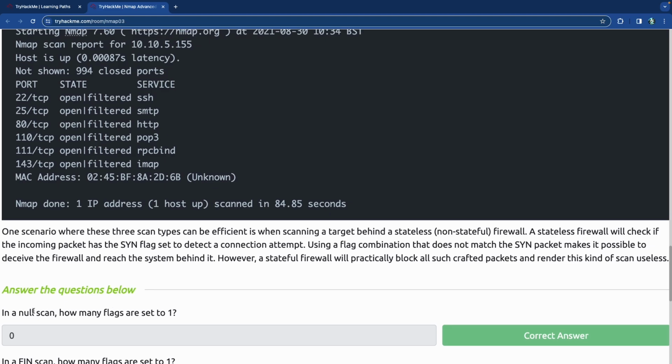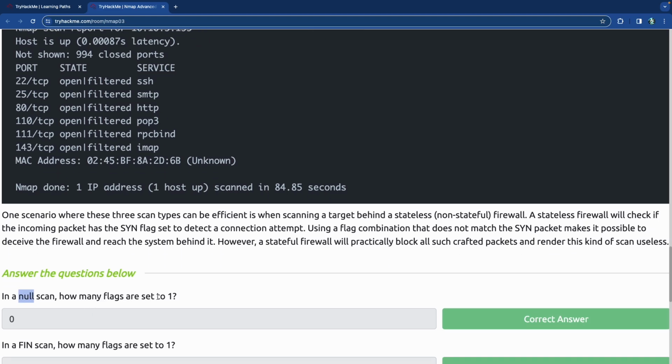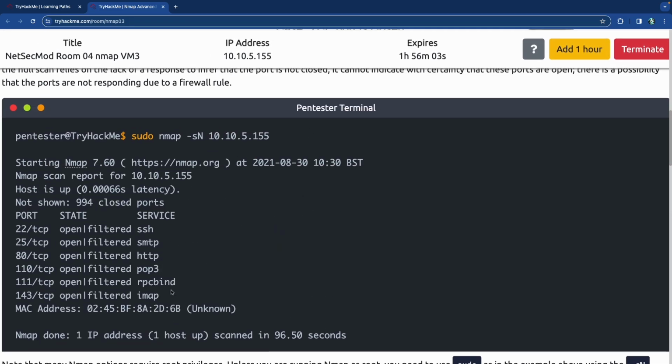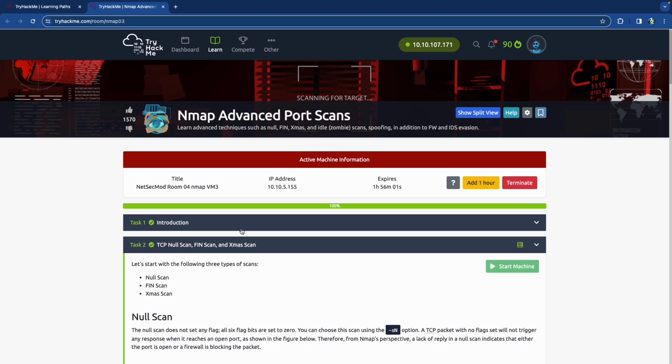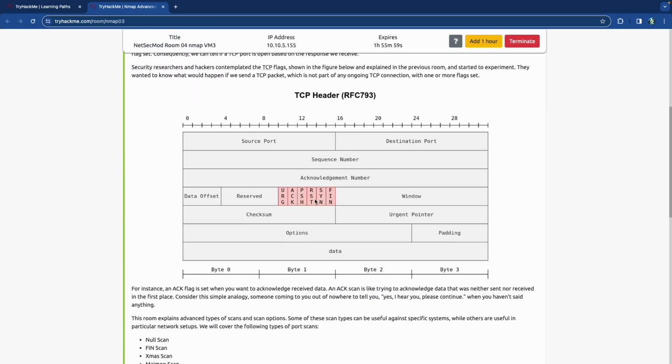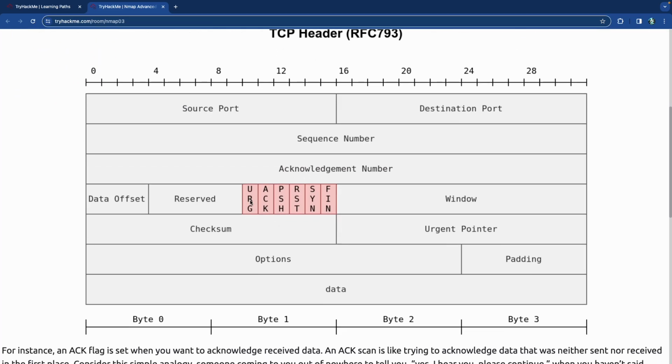So in a null scan, how many flags are set to 1, meaning they're active? Going back to the top, just to review this one image, these sets of flags have 1 bit dedicated to each one of them.